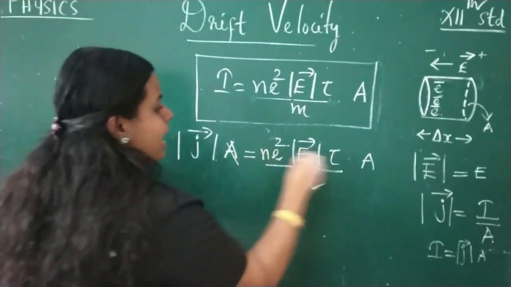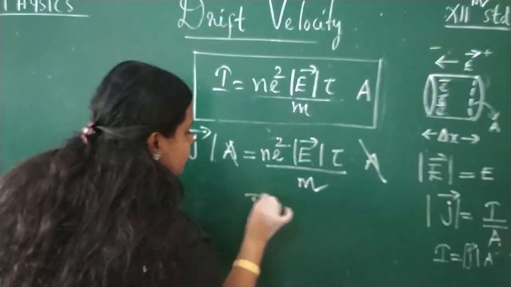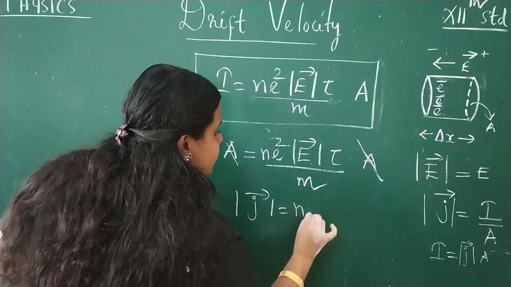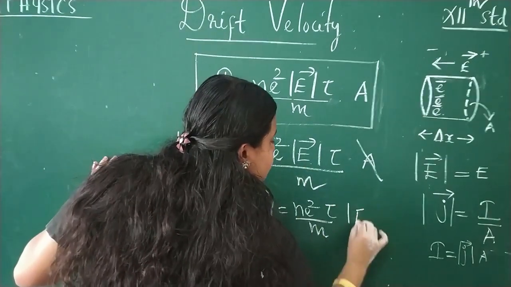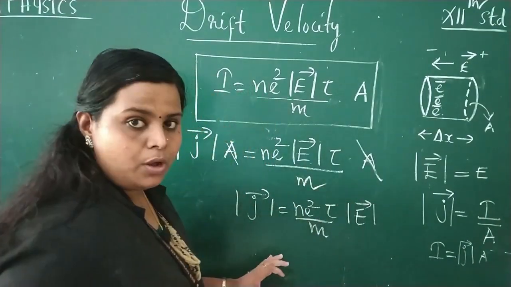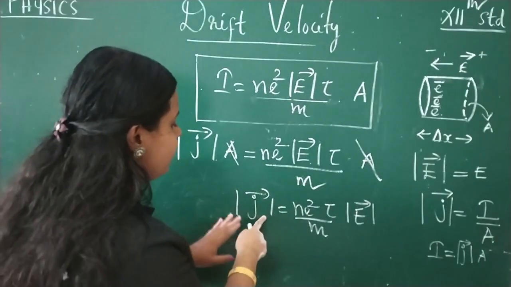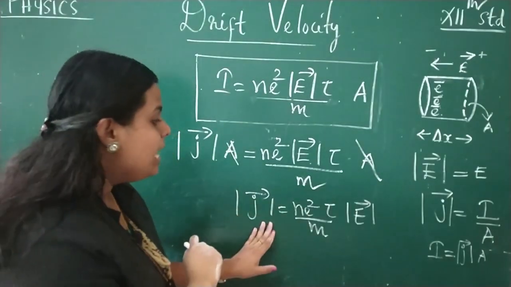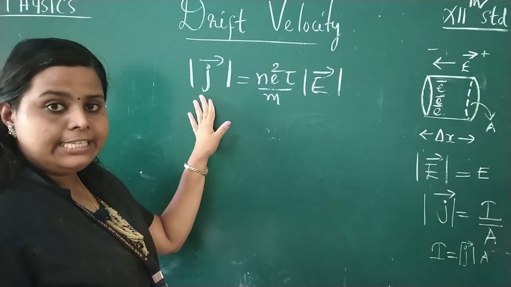Okay, so A gets cancelled. So the expression for J is J is equal to n e square tau by m into the magnitude of electric field E. Here we have considered the magnitude of current density. So we have the expression for the current density like this.